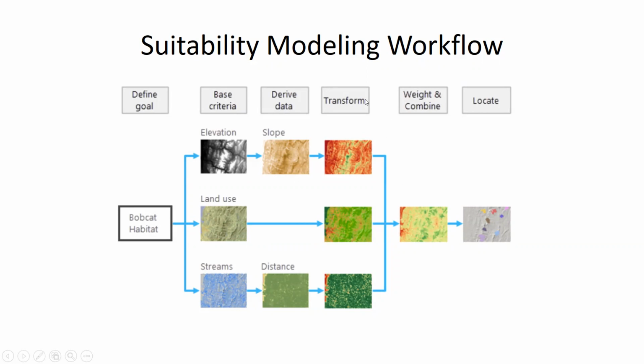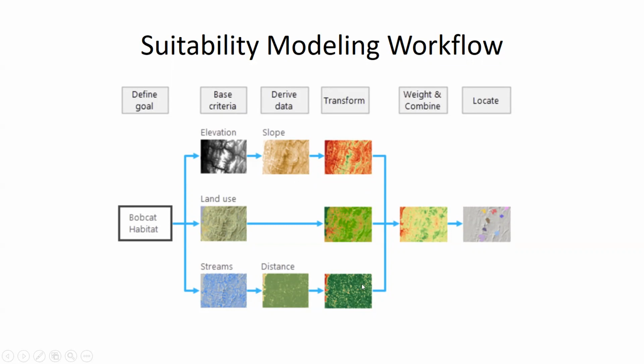We then transform those data into yes, no, or into areas that allow for bobcat habitat to be present, right? So this image right here shows you places where slope is conducive to bobcat habitat, whereas slope is not conducive to bobcat habitat. Same with land use here, and same with distance, right?